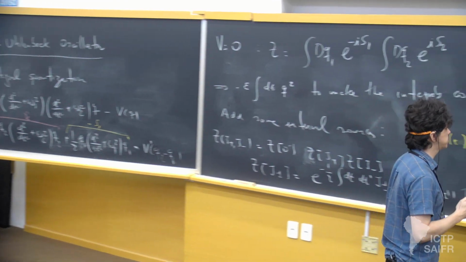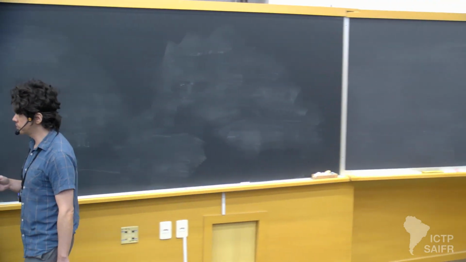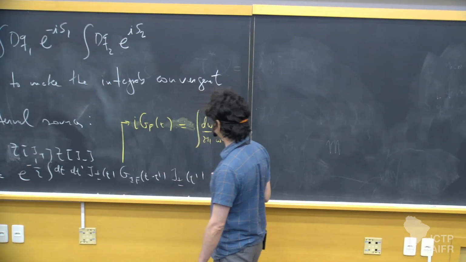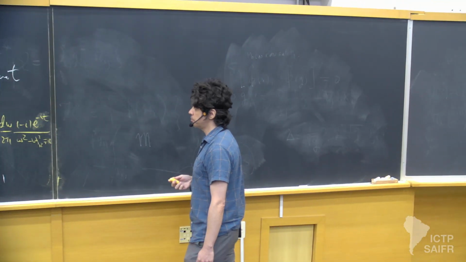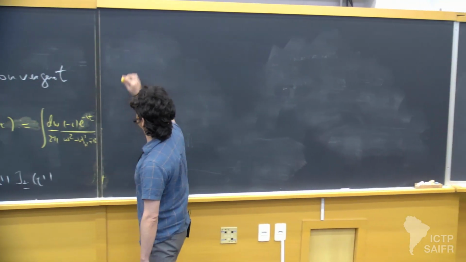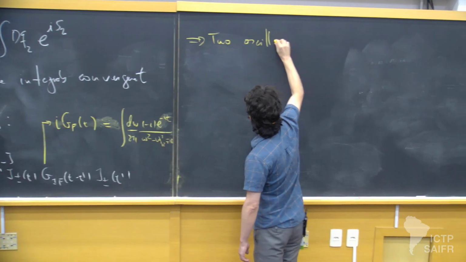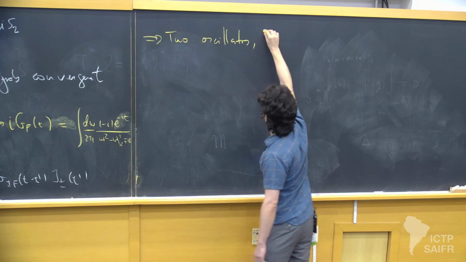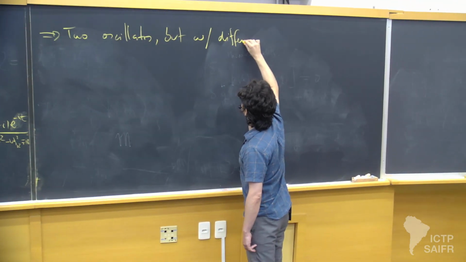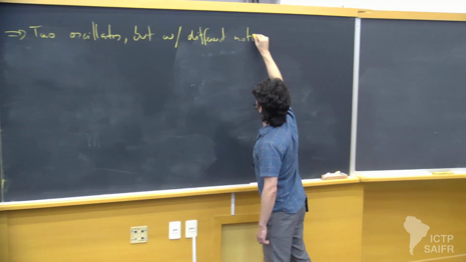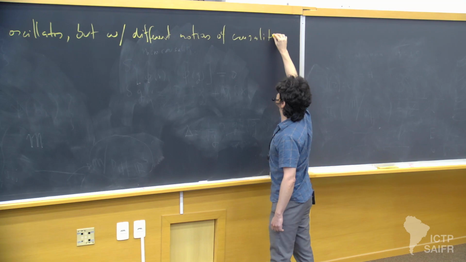So what we were discussing is that, okay, now we have a closed result, and what does that mean? It means that we have now two oscillators, right? But with different notions of causality. That was the point that we stopped yesterday.